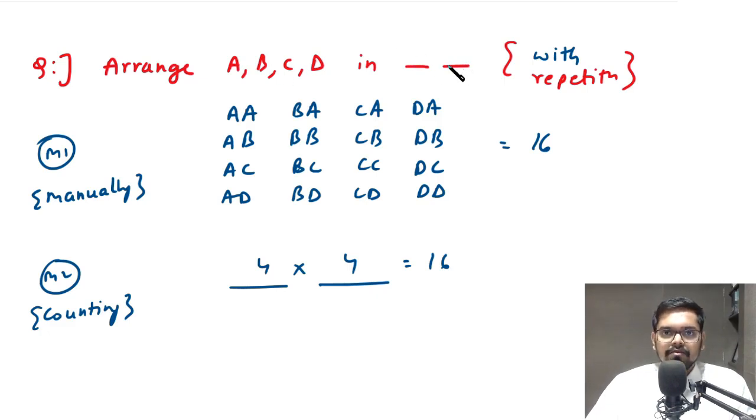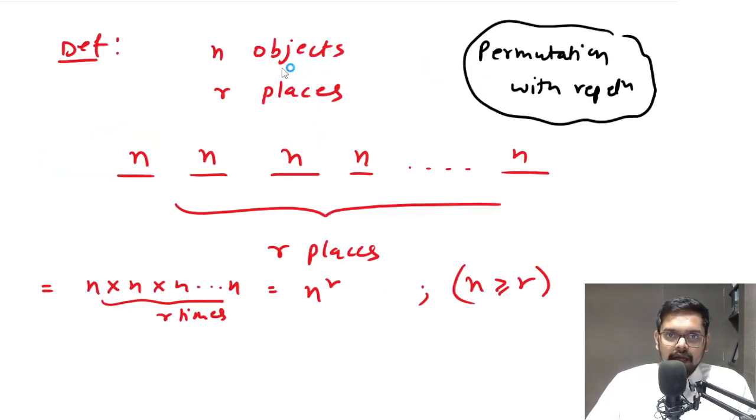Second blank also we had 4 choices. So if we have n choices, n objects means n choices, and we have r blanks, r places, then the first blank gets n choices, the second blank gets n choices, the third blank gets n choices, up till the r-th blank gets n choices. So multiply everyone, n into n into n. How many n's are there? r times, because we have r blanks.